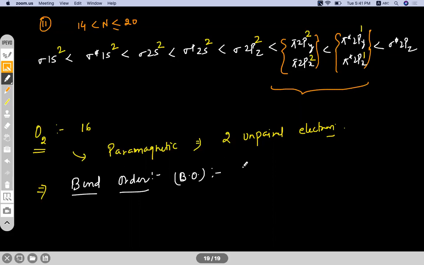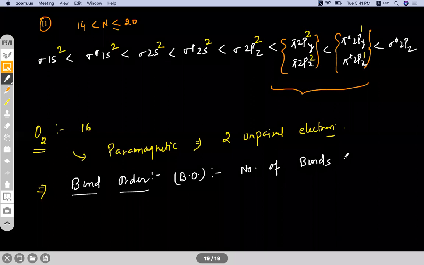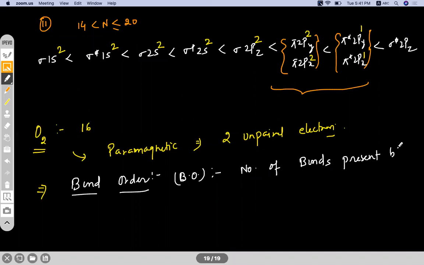Okay, that is how we define it. It is always for the two atoms in a molecule, not for the entire molecule. No, molecular orbital theory is not valid for more than 20 electrons. Okay, it is not given there.